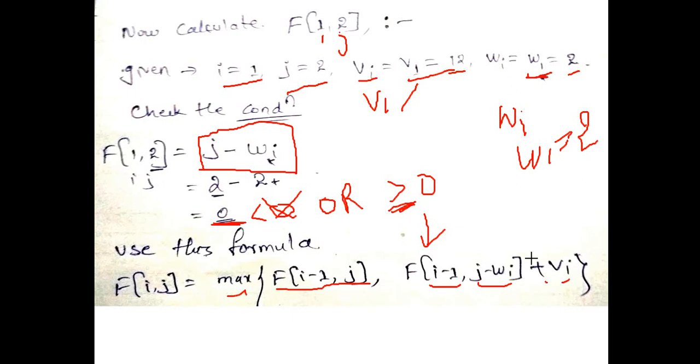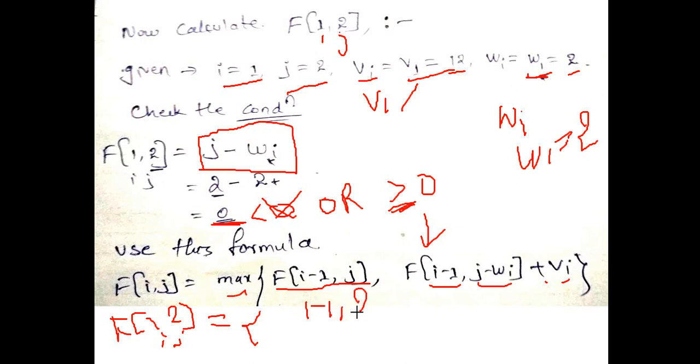F of i, j equals max of f of i minus 1 comma j, and f of i minus 1 comma j minus wi plus vi. Now fill in these values. What is the i value? 1. What is the j value? 2. Now maximum, i minus 1.